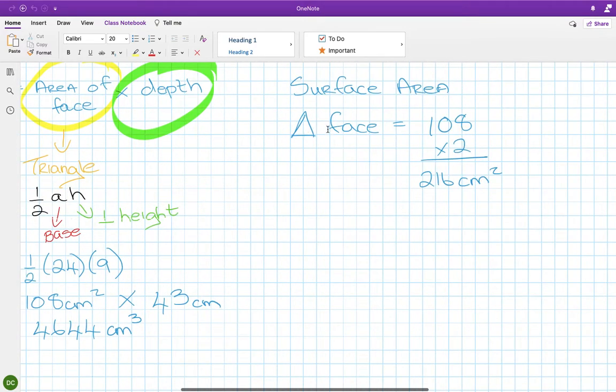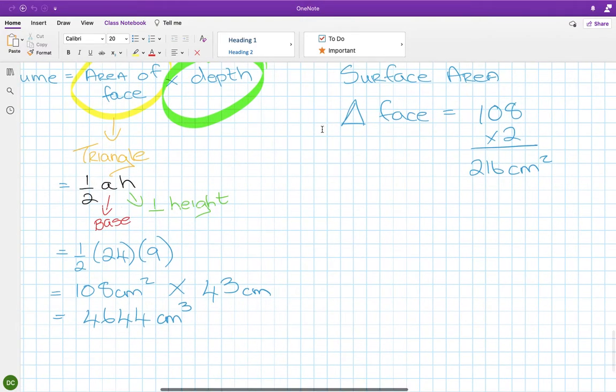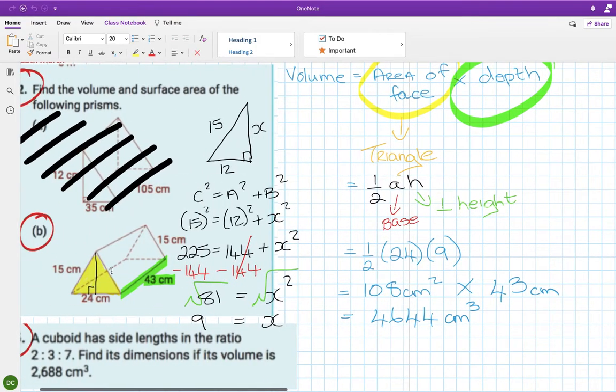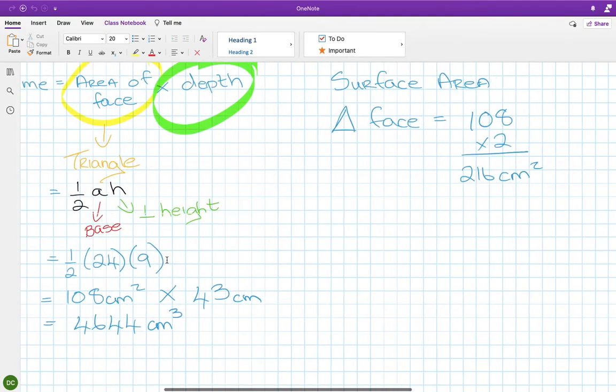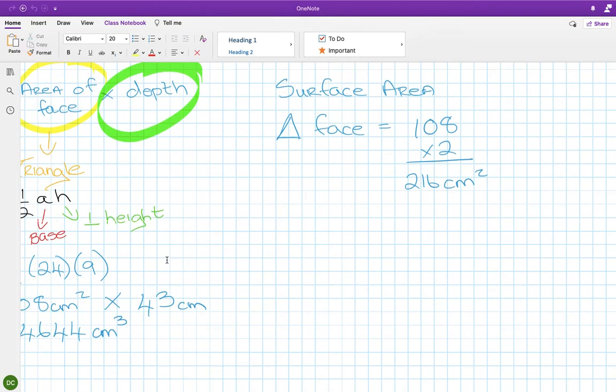Okay, so we had the triangular face, which we had figured out over here to be 108, and then there's a triangular face at the front and a triangular face at the back. We then have the slanted sides, which when we were doing this on Friday we established were rectangles.